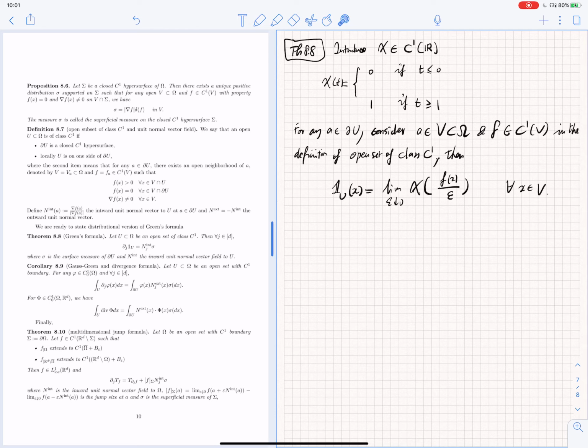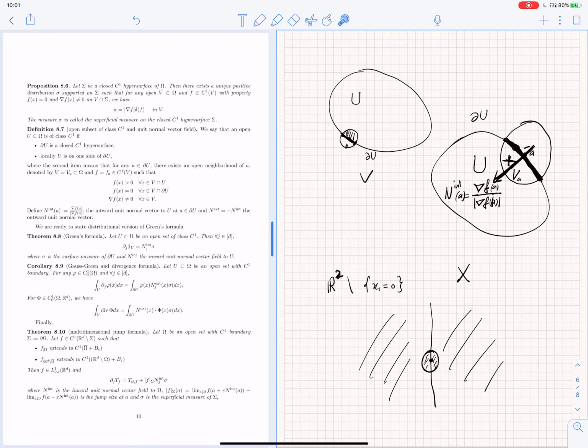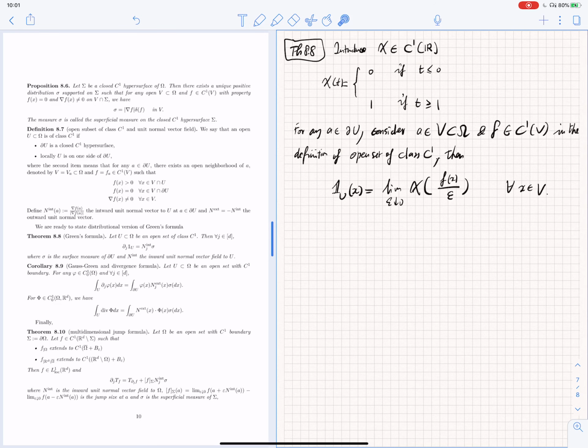On the other hand, if x does not belong to u, then, as we have just said in the picture, at least when epsilon gets very, very small, the value of the function f on the point is equal to 0, and it is completely positive inside the open set u. On the opposite side, it will take the negative value, right?